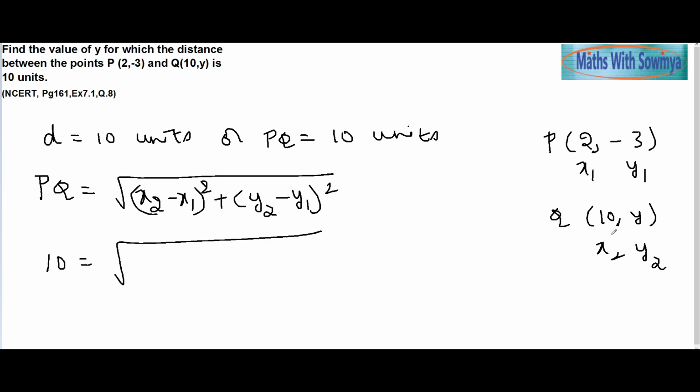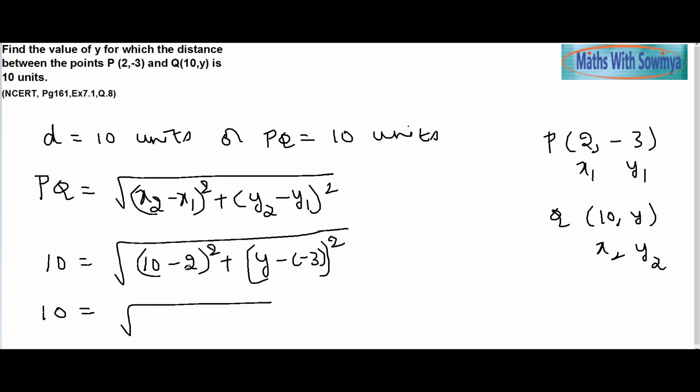Inside the square root, x2 minus x1, that is 10 minus 2 whole square, plus y2 minus y1, y minus of minus 3. Remember, this minus is the formula sign, this is the given. So please be careful while putting. So this will be 10 minus 2, 8 square, plus y minus of minus, plus 3 square.